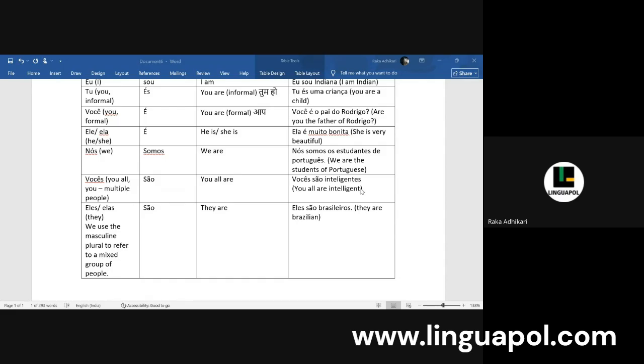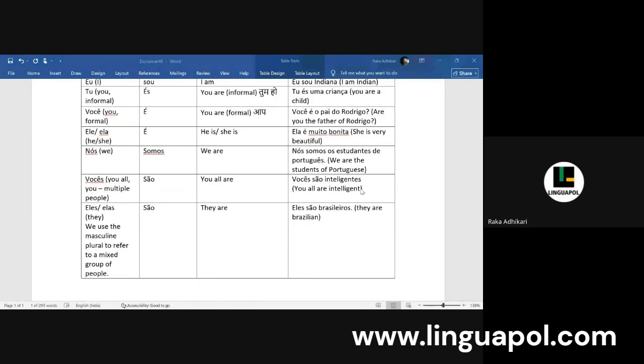So how do we decide which one to use? We will use eles first when every member of the group is male. And we'll use elas when all the members of the group are female. But when we have a mixed group, we can use only the masculine plural.